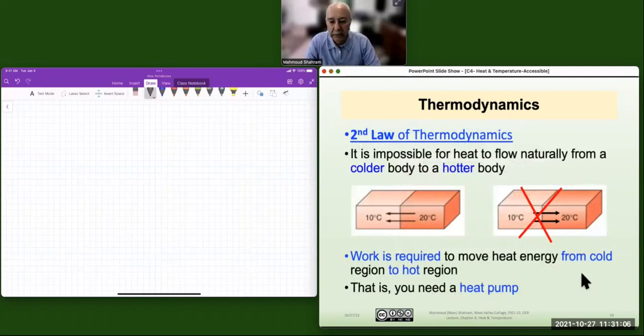The second law is also trivial. It says that the flow of heat energy is always from a hotter to a colder object. We already covered that. However, there are occasions that you can do the reverse, but you have to do some additional work there. For example, your refrigerator. Your piece of grocery that you buy is inside the refrigerator.